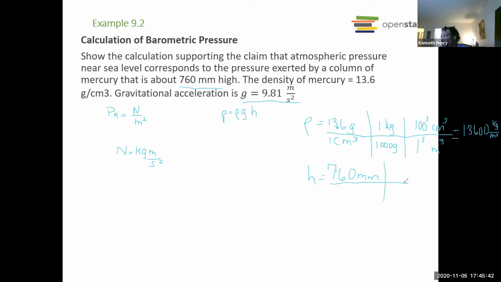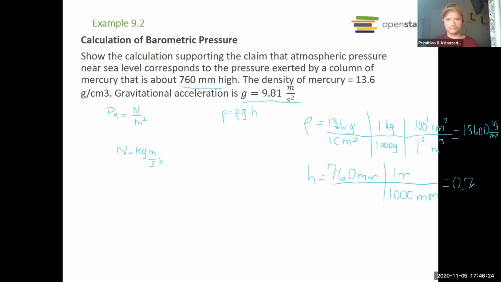Okay, and how would I do that? 1 meter over 1,000 millimeters. Okay. So then we just plug it all in.